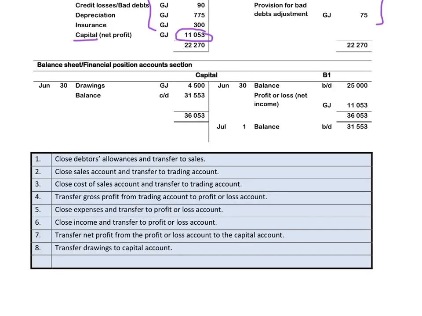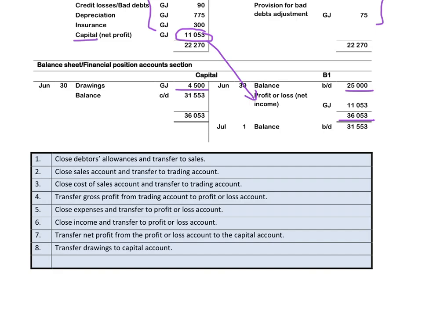The profit in the profit and loss will then go to the credit side of my capital account. We will start with the opening balance, that's the amount that the owner contributed, plus the profit that was made during the year. So that means his equity is 36,053, or that is the amount that the business owes him. But he's already taken goods or money worth 4,500.